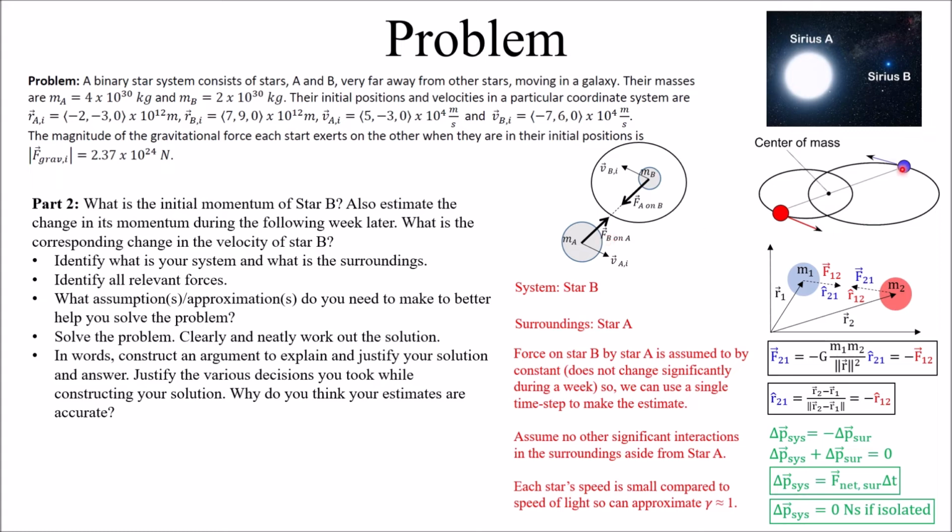Even though these distances might be changing, we can assume the force is not changing significantly enough for us to have to recalculate it. We can also assume there are no other significant interactions from the surroundings other than star A, and again that the speed is small enough to avoid relativistic effects.